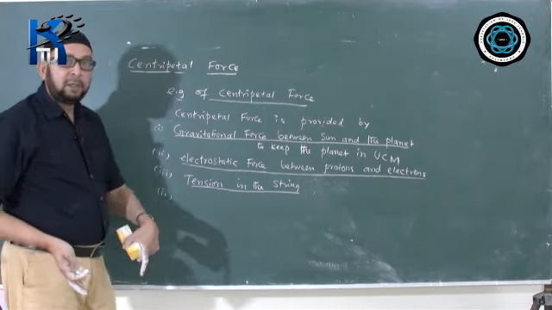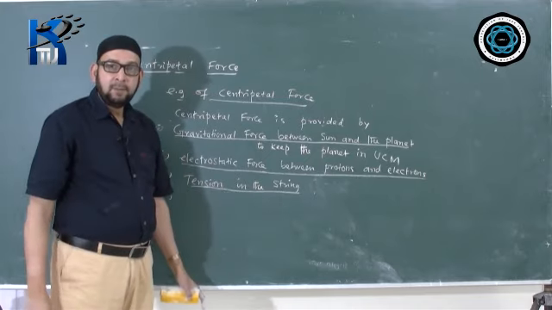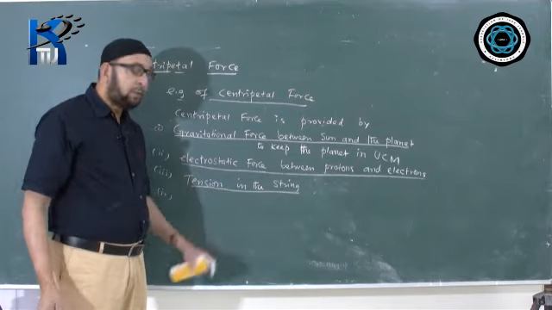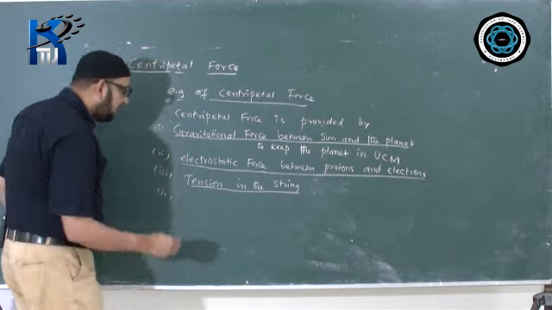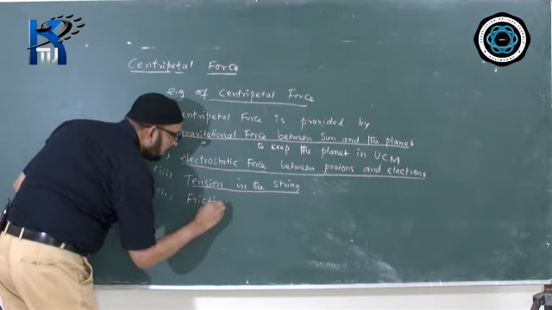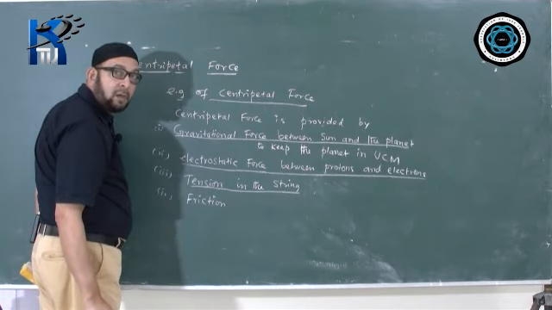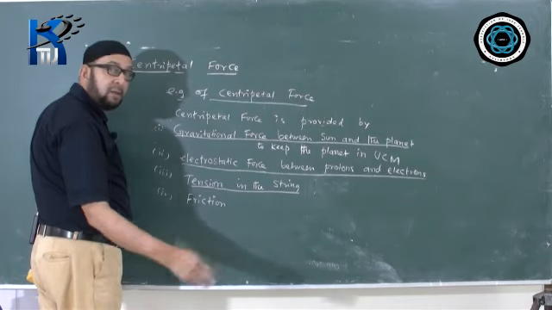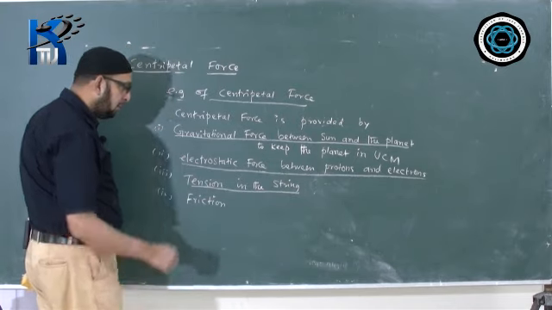Some vehicles are taking a turn like this or negotiating a curved track, or railway tracks are curved. So what provides the necessary centripetal force in that case? There we say friction. If it is the case of a car and all, we say friction between the road and the tires, and if it is the case of a train, we say friction between the wheel and the track.